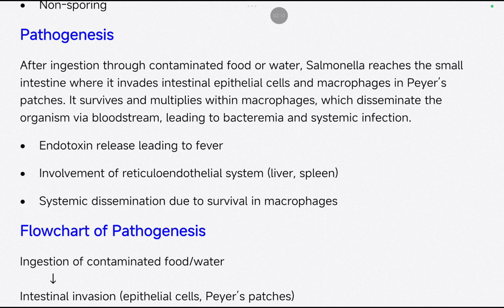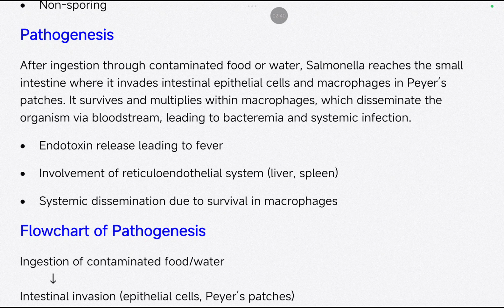So you can see how much access Salmonella gets to the body. Wherever the macrophages travel in the body, they will reach, and that is why they are able to cause systemic infection. Systemic infection simply means they are able to take down one complete system. They are not attacking a particular organ but the complete system.